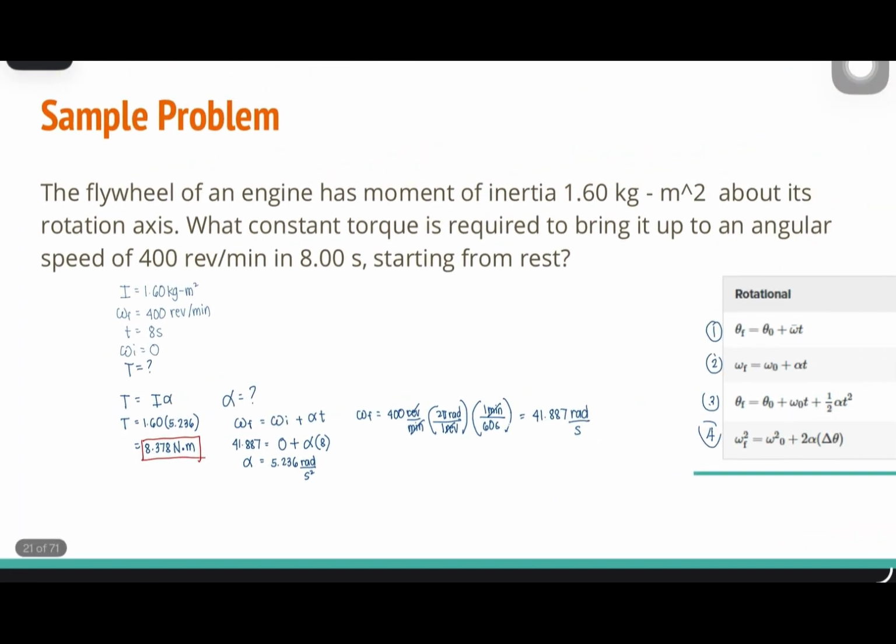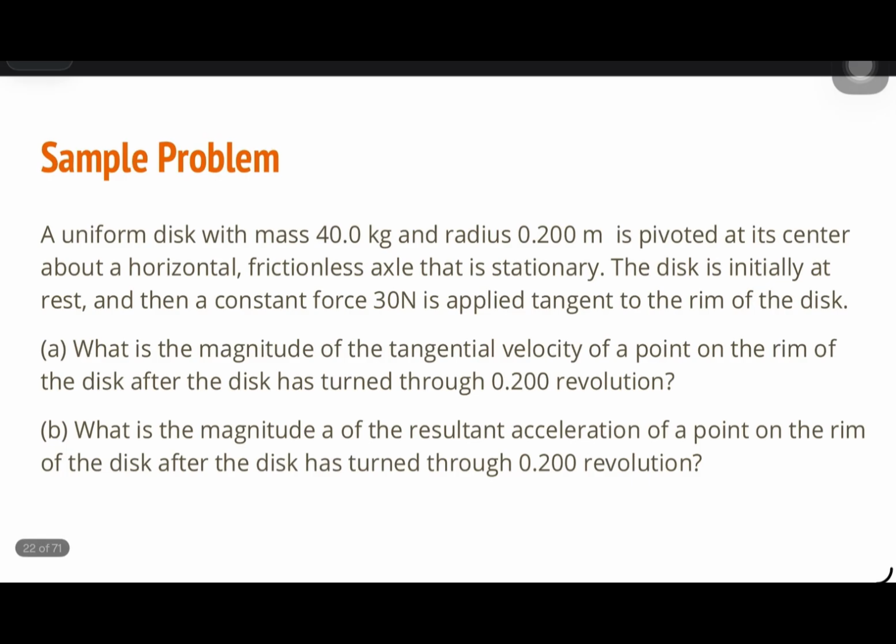Okay, next problem. A uniform disc with mass 40 kg and radius 0.200 meter is pivoted at its center about a horizontal frictionless axle that is stationary. The disc is initially at rest, and then a constant force 30 Newton is applied tangent to the rim of the disc.